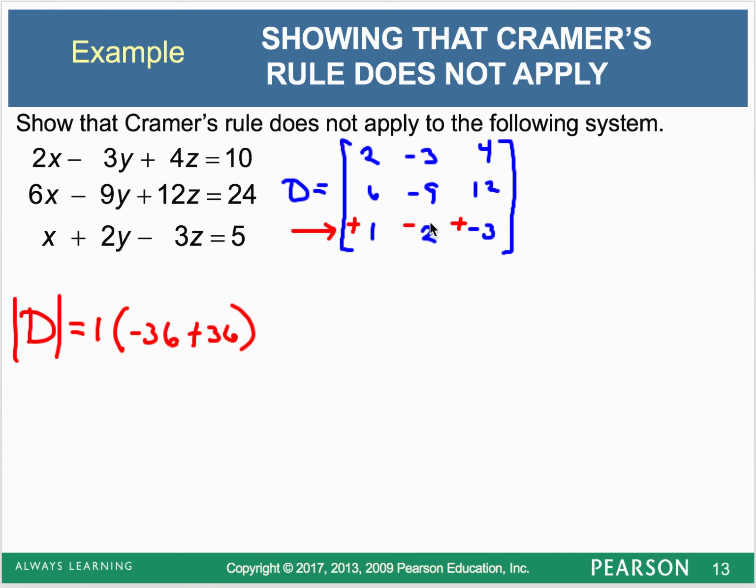And then we'll have minus 2 times 24 minus 24.